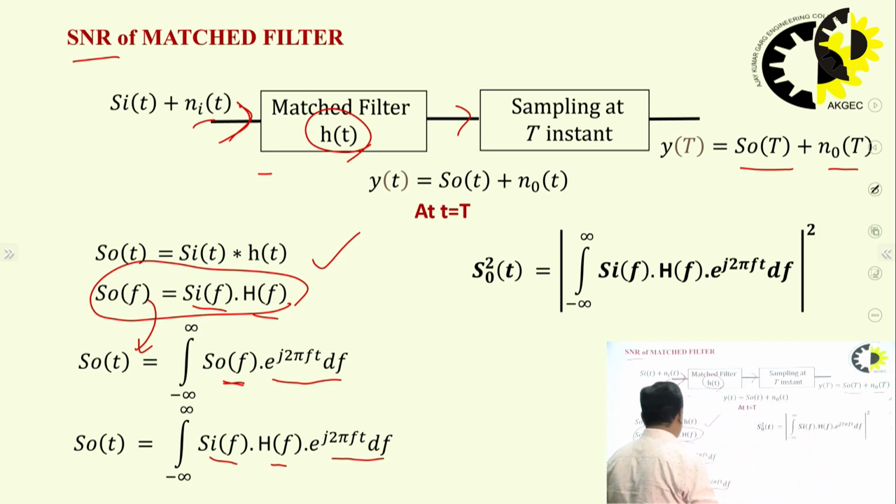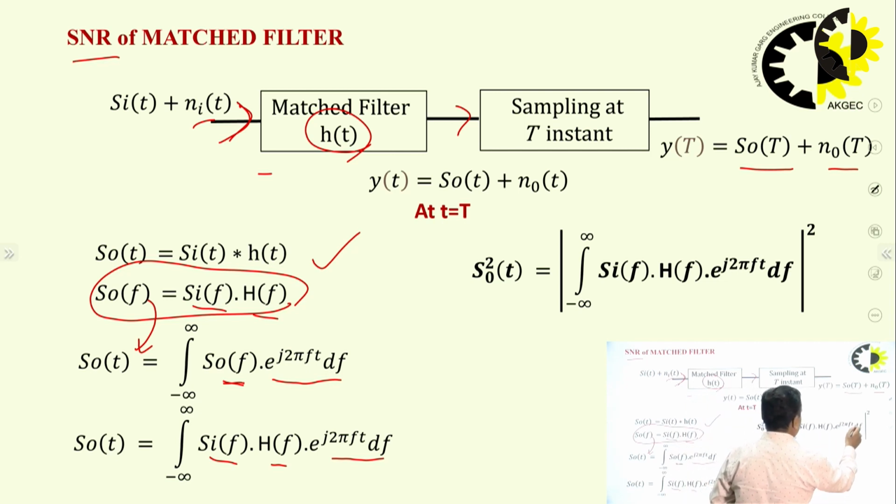Okay, so this is So(t). It means your output signal in this matched filter. So if I want to take its square, So square(t) is equal to integration modulus of Si(f) into H(f) into this, its whole square.